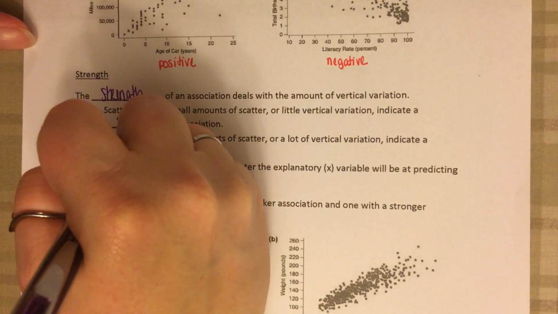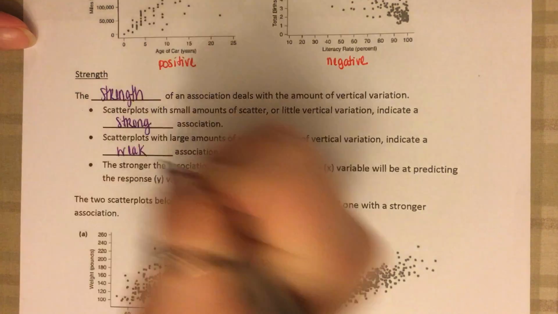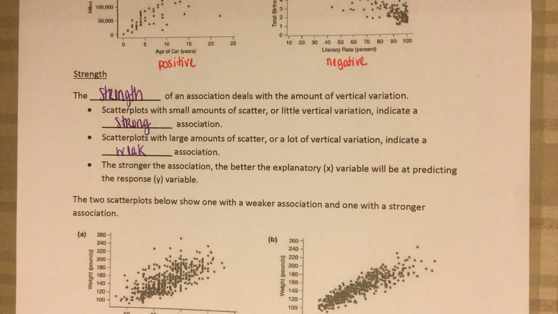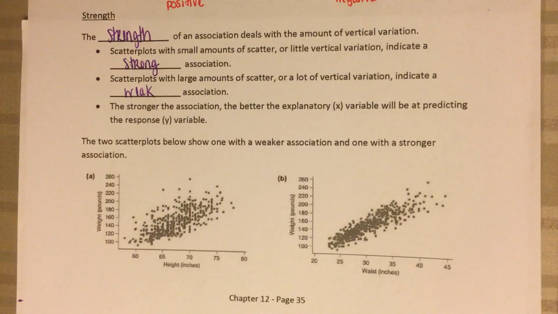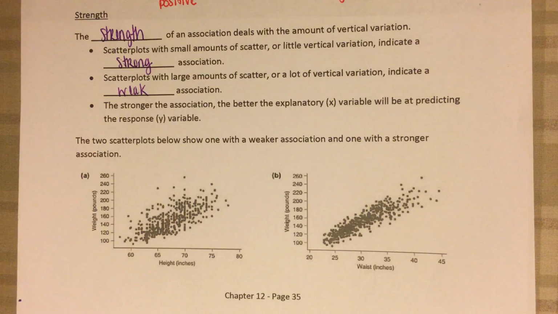Ones with more scatter indicate a weak association. The stronger the association, the better the explanatory variable x will be at predicting the response variable y. We do have numerical ways to quantify our strength. Again, because we're skipping a little bit in this last section, we're not going to talk too much about those ways to actually give numbers to how strong something is.